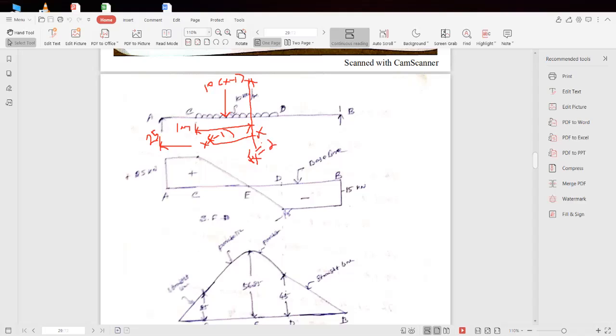Then minus this 10 into x minus 1. Okay, so this is the f of x value. Shear force at the section x is plus 25 minus 10 into x minus 1, right?